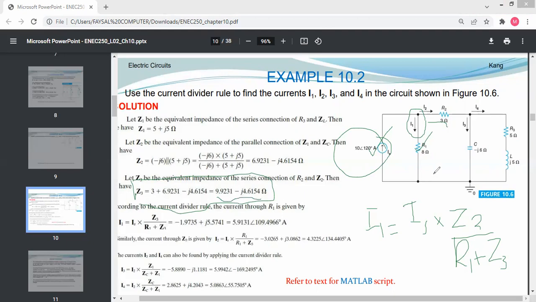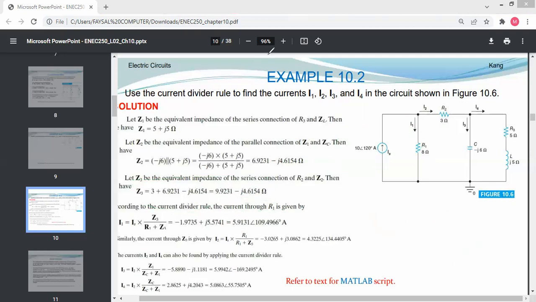Then the value of R1 is 8 ohm plus the value of Z3, again equal to the value I found. Now this is the value of I1. So my I1 value is 5.9131 with the angle of 109.4966 degree ampere.